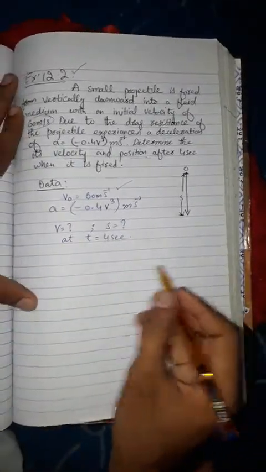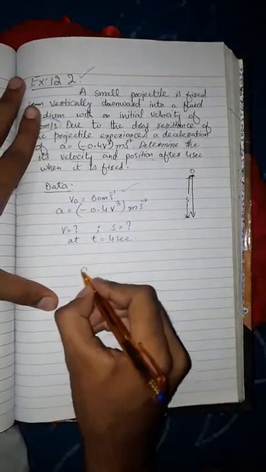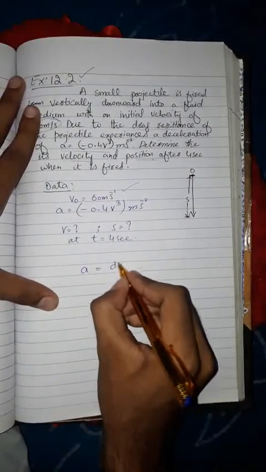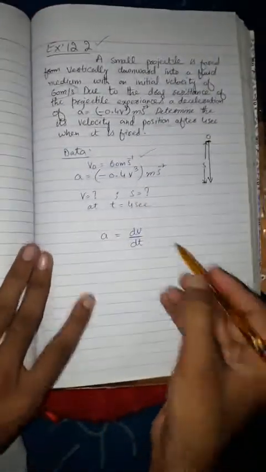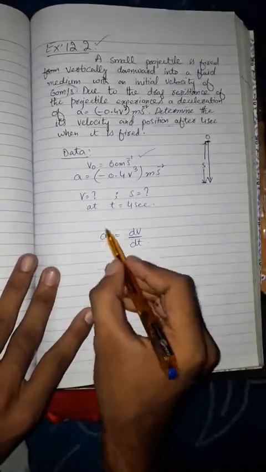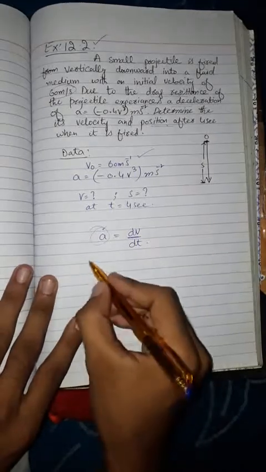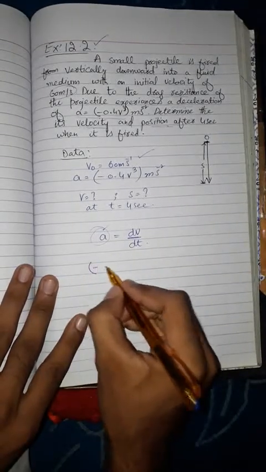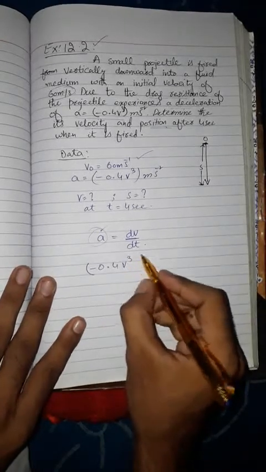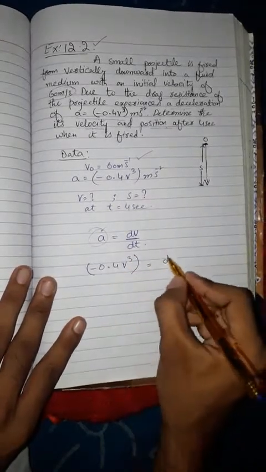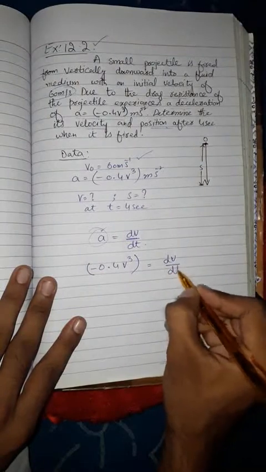As we know, acceleration is a function of velocity. So we have been given this function, and we put this value, minus 0.4 v cube is equal to dv upon dt.